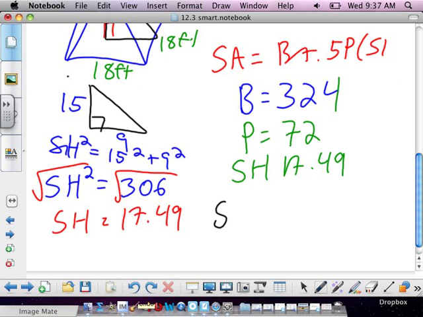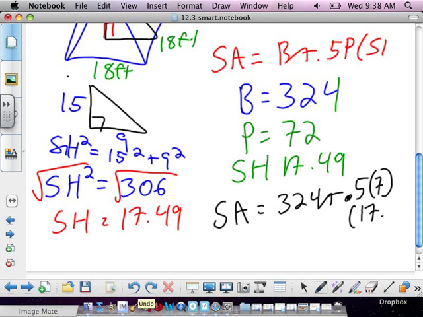So now I'm just going to plug it in. Surface area equals the area of the base, 324, plus 0.5, the perimeter, 72, times the slant height, 17.49.